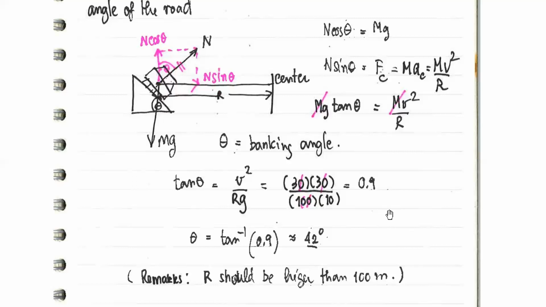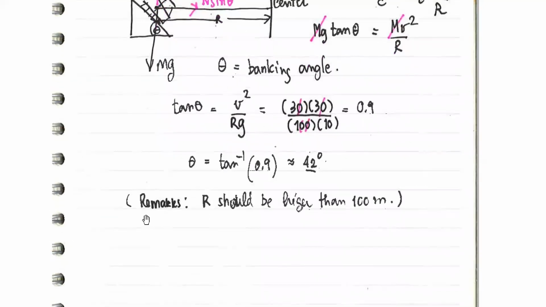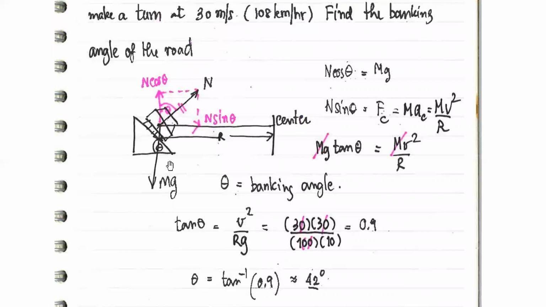The banking angle should be 42 degrees. So I have made my remark that the radius should be higher than 100 meters, because in this case the banking is almost 45 degrees.